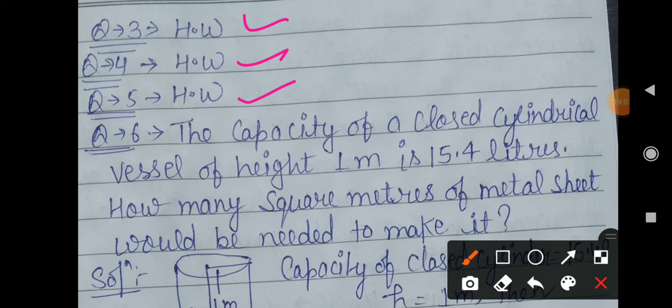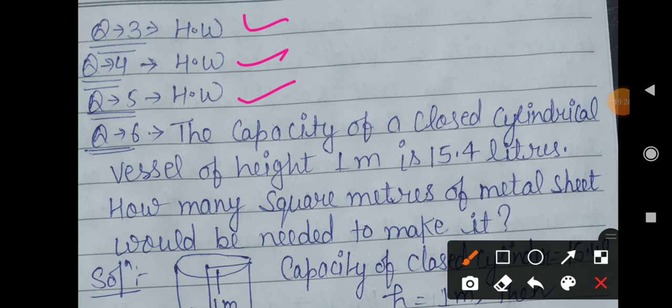You also have the height, so you put the value of height here, and then find the radius, just like in question number 1. But in question number 4, you have to apply the curved surface area.